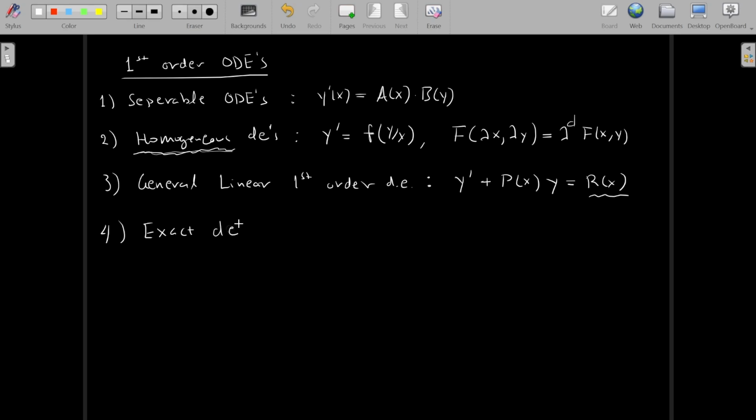Fourth, we have exact differential equations using a method called the integrating factor when needed. It's not needed at all times, and it can be written as a function of x and y dx plus a function of x and y dy is equal to 0.